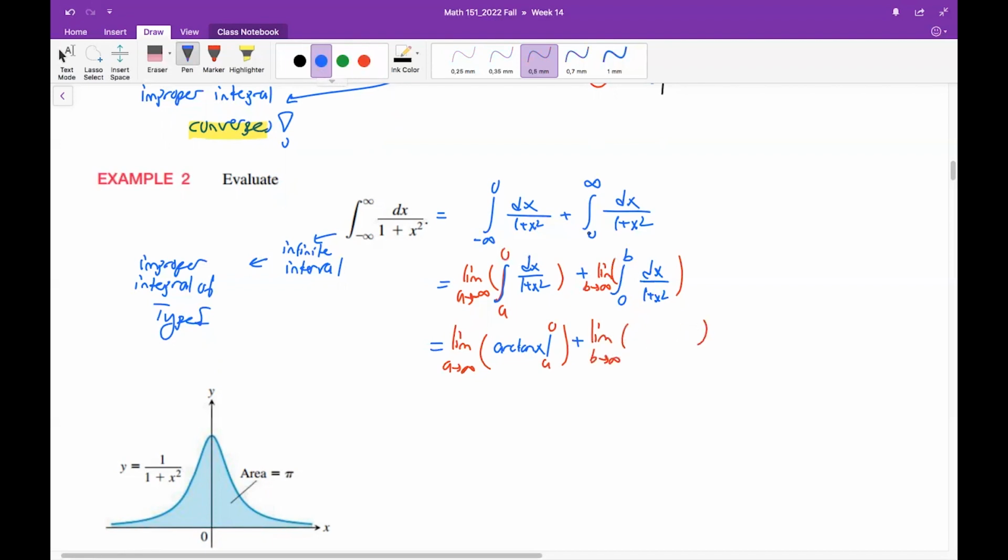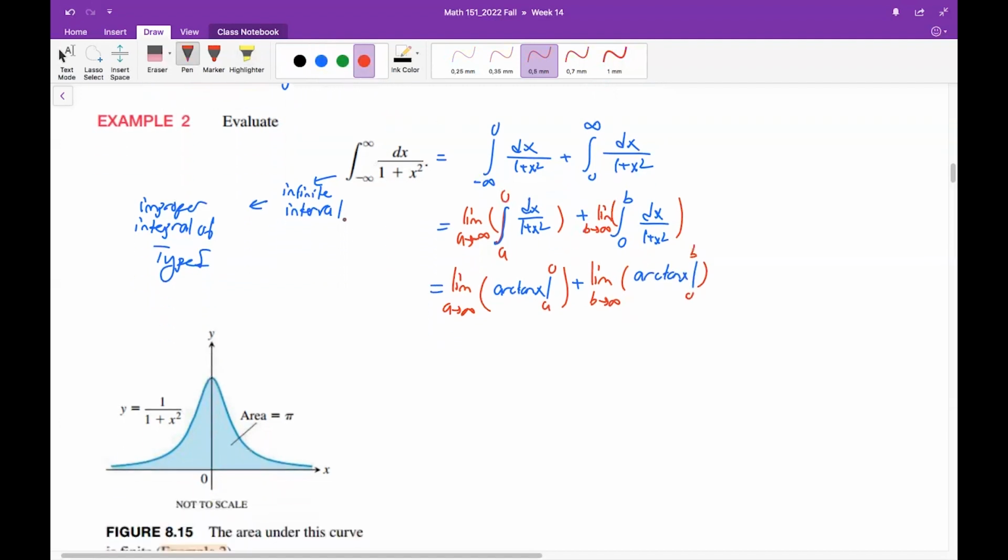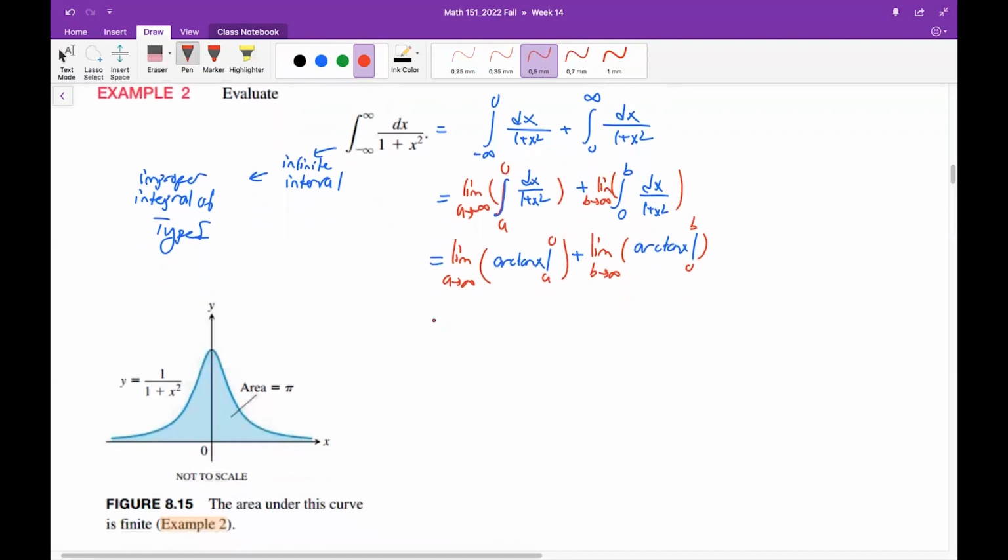We again have arctangent x, from 0 to b this time. So what do we have inside the limit? Limit as a goes to minus infinity of arctangent 0 minus arctangent a.